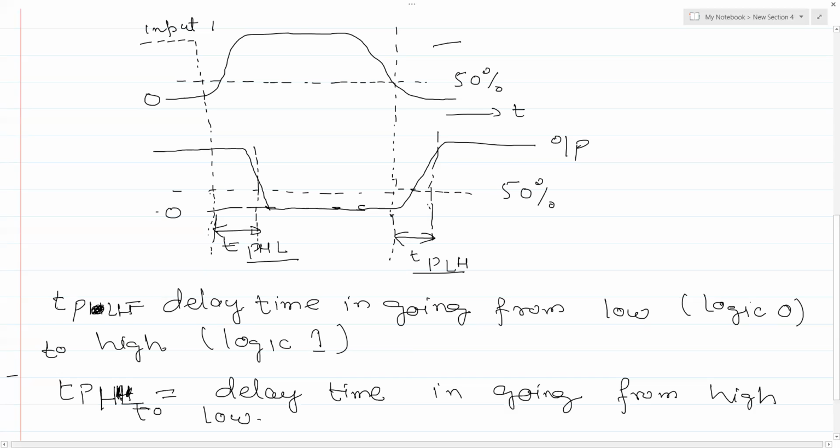Now, one point you have to remember: delay times are measured between the 50% points on the input and output transitions. They are always measured with respect to 50% of the value of amplitude.